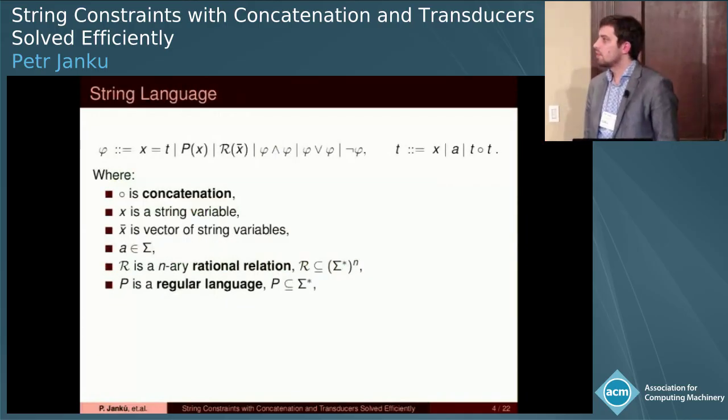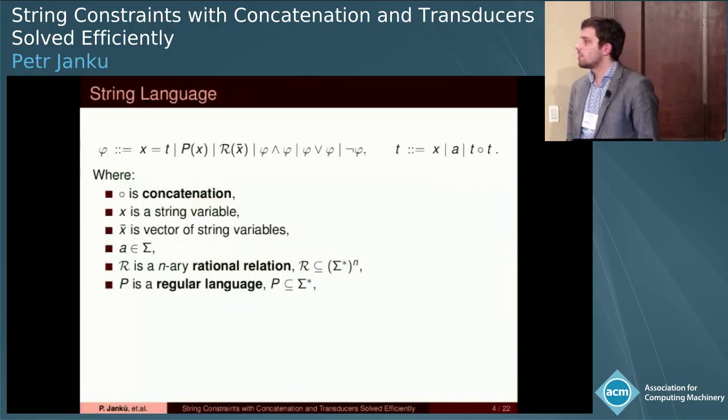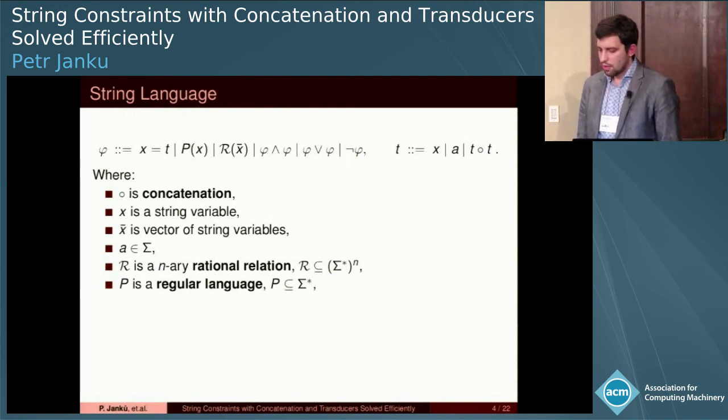I'll describe a string language in which the string constraints can be expressed. A constraint is a Boolean combination of word equations whose right-hand side might contain the concatenation operator, regular constraints, and rational constraints.